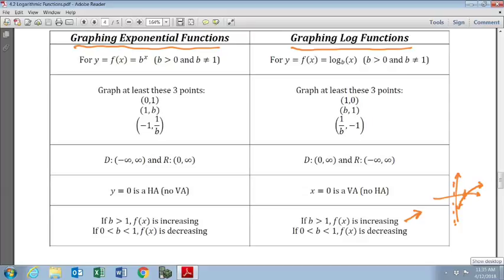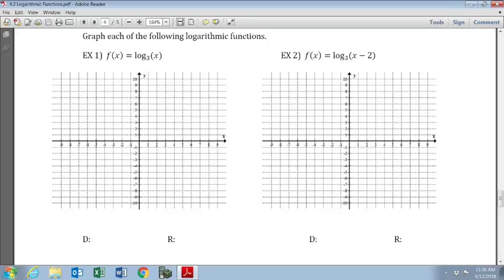Notice our key point is (1, 0), whereas when we were graphing exponential functions, it was (0, 1). And again, this is when our base is greater than 1. If it were between 0 and 1, it would actually go the opposite direction. But we don't see that one as much as when our base is greater than 1. Let's go ahead and move on to do some graphs.